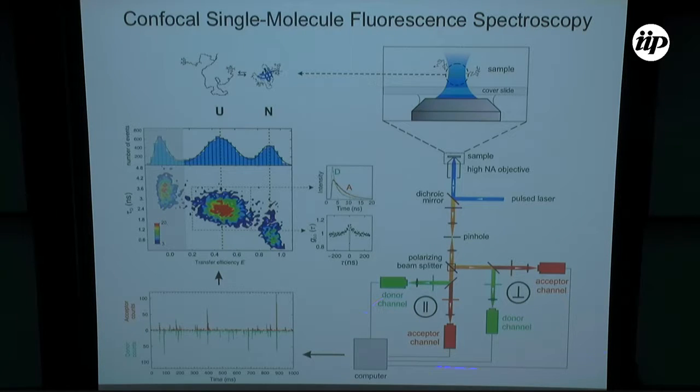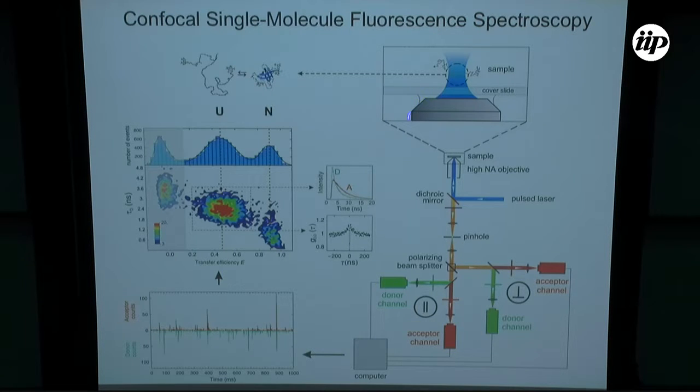And then you also need a whole bunch of electronics to do the single photon counting, so you know exactly when you get a photon. You can differentiate the color by putting filters and having multiple channels. You can also detect polarization. So in principle, for every photon that comes in, you can detect its color, polarization, and time of arrival. That's the kind of information you get. Okay.